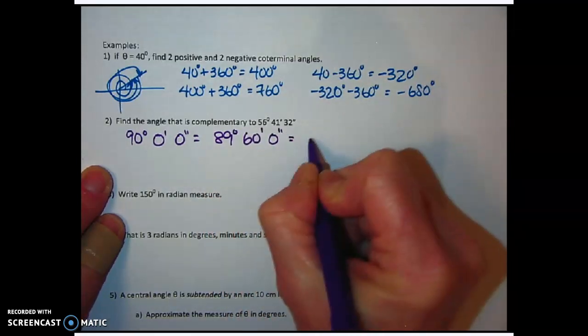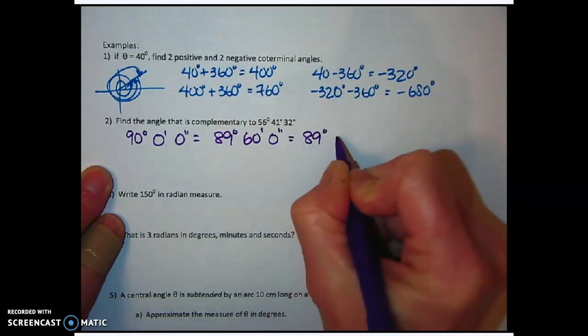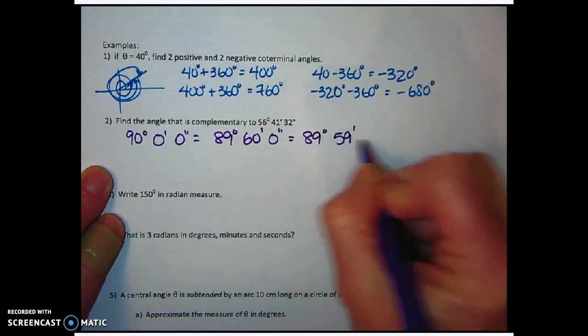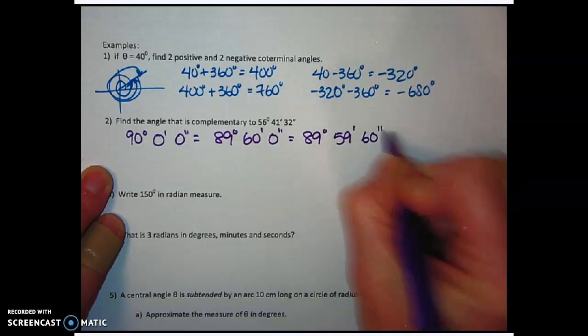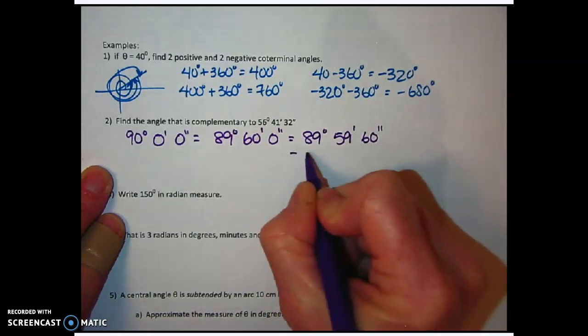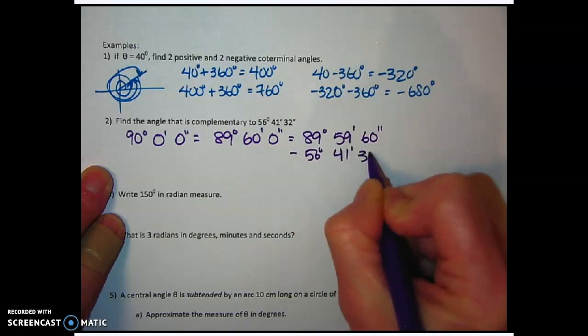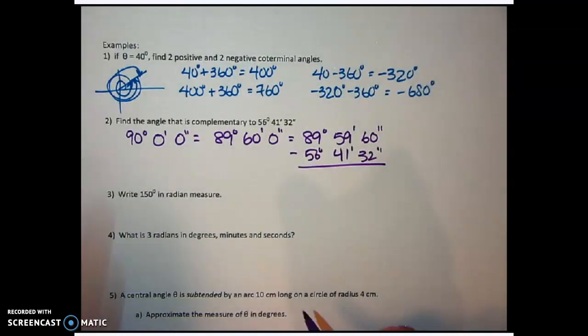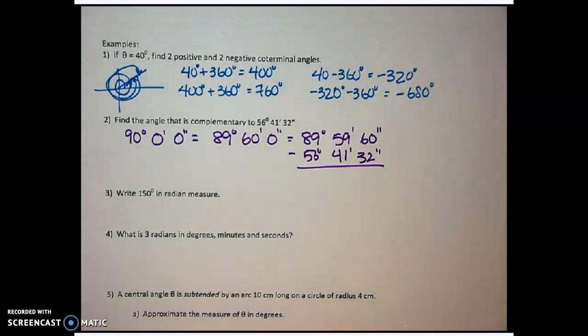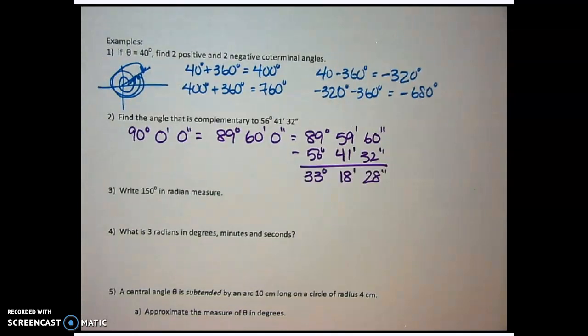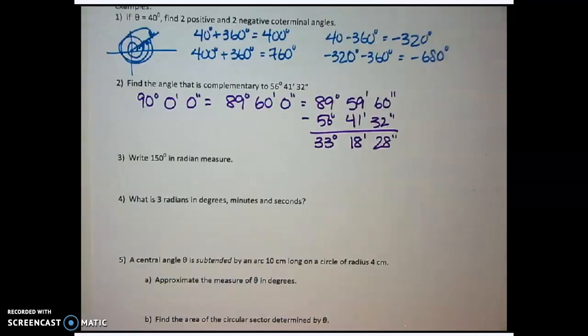And I just need to borrow a minute, so 59 minutes and 60 seconds. Then I can subtract my 56 degrees, 41 minutes, and 32 seconds using column subtraction, and I get 33 degrees, 18 minutes, and 28 seconds.